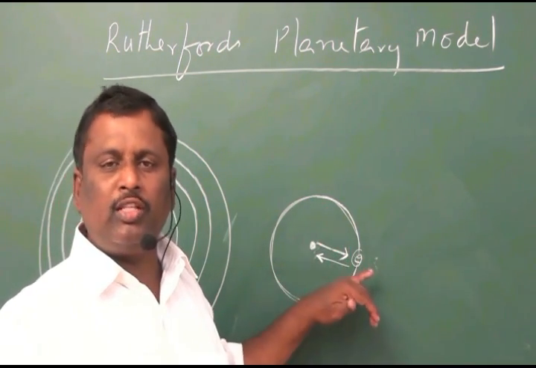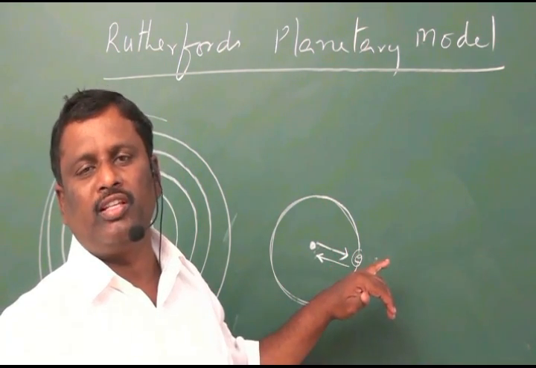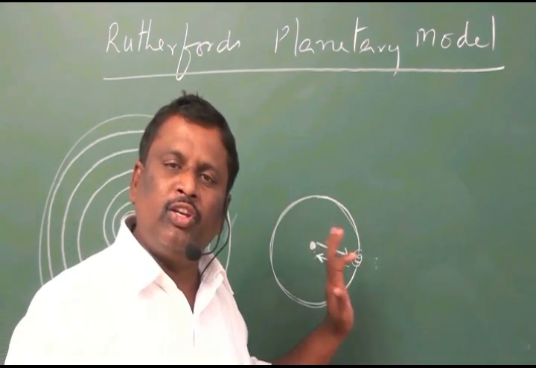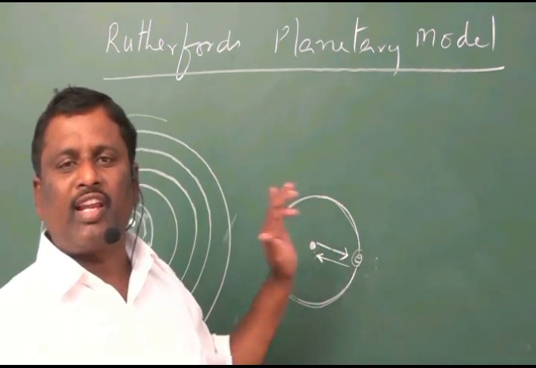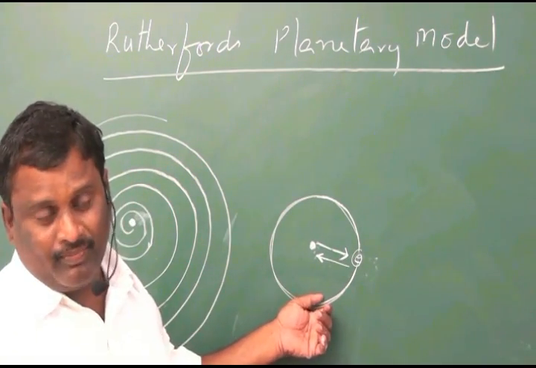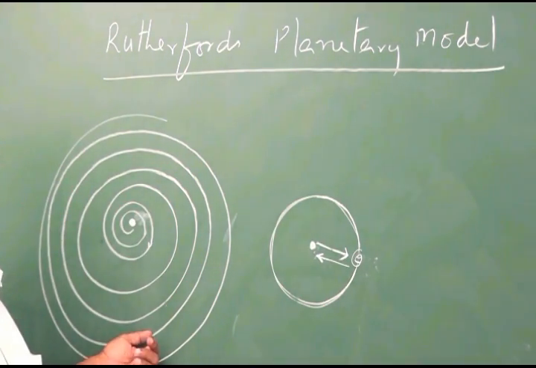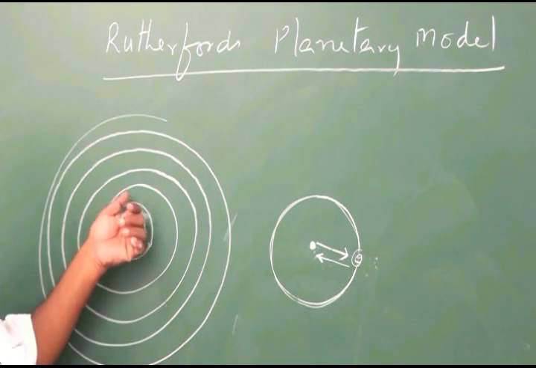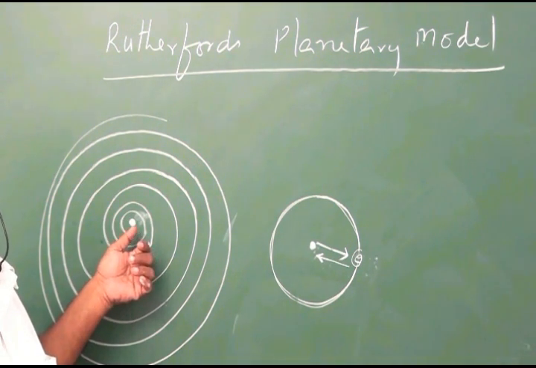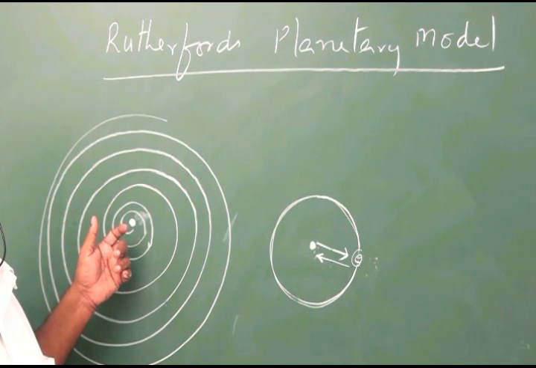So if a charged species is revolving around an oppositely charged species, it continuously loses energy. If it continuously loses energy, it should travel in a spiral path but not in a circular path. If it travels in a spiral path, one day or other, it should fall into the nucleus and the atom should decay, but it was not happening.